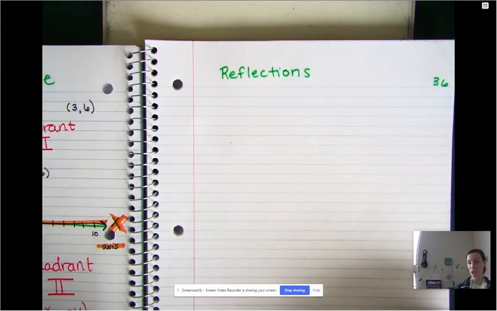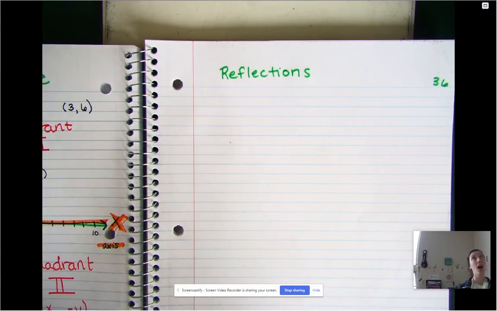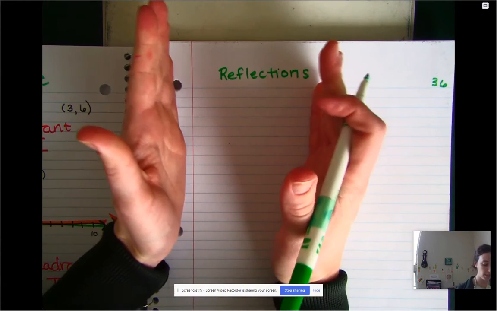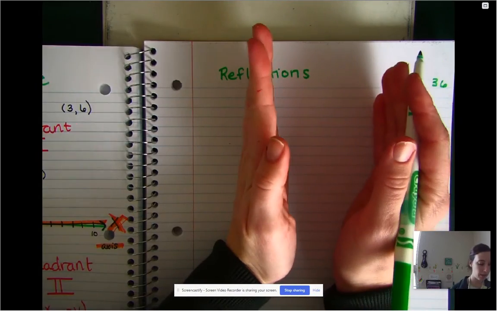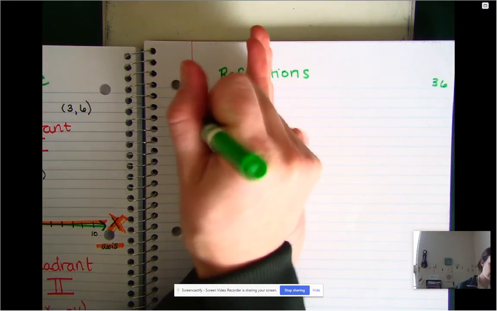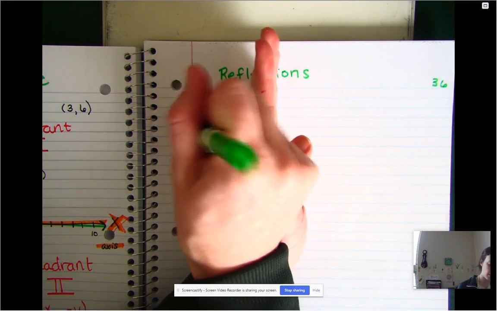Okay, reflection. We talked about this a ton in science, that when we think about a mirror, a reflection is like I'm looking into a mirror and it makes it look like I can see myself over here.